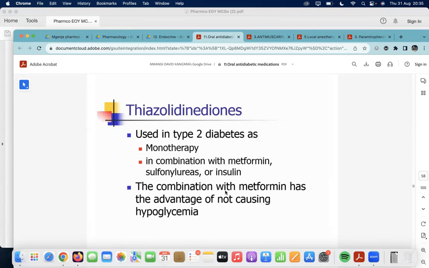This advantage is called a euglycemic effect. Not only does it reduce the blood sugar levels to normal, it does not cause a reduction below the normal, and that's called a euglycemic effect. So that's an advantage of the thiazolidinediones when used with metformin.